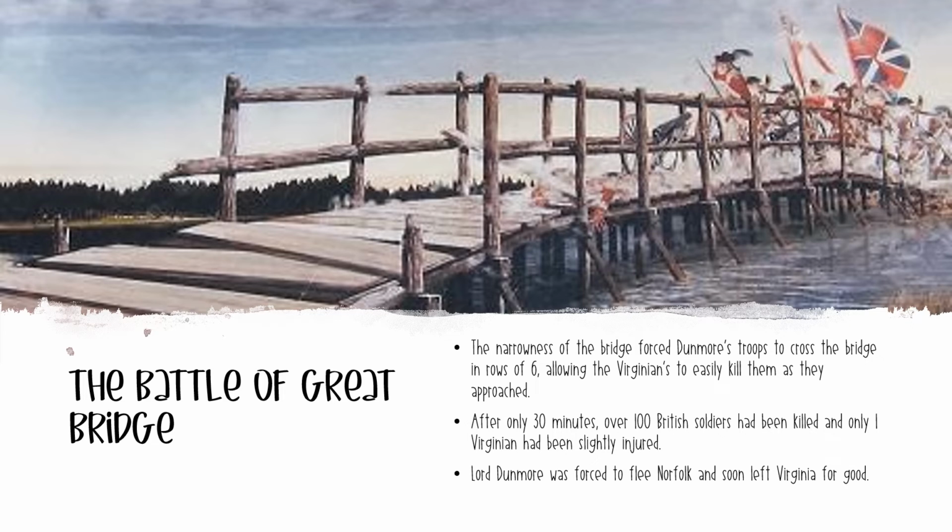The narrowness of the bridge forced Dunmore's troops to cross in rows of 6, allowing the Virginians to easily kill them as they approached. After only 30 minutes of fighting, over 100 British soldiers had been killed, but only 1 Virginian had been slightly injured. Lord Dunmore was forced to flee Norfolk, and soon he left Virginia for good.